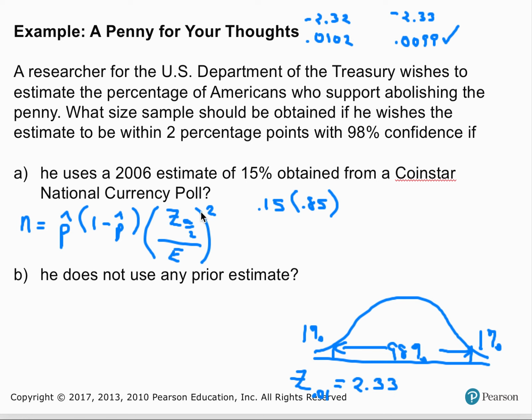So we're going to use 2.33. Once again, I'm squaring it, so it doesn't matter about that negative, right? Okay, so times 2.33, and we want our margin of error to be within 2 percentage points, squared. And let's just plug that in.